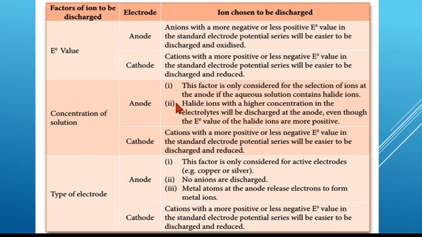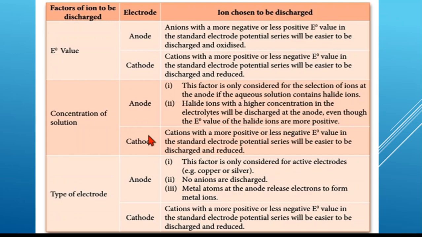Okay, yang pertama. Yang kedua, halide ions with a higher concentration in the electrolytes will be discharged at the anode. Okay, even though the inert value of the halide ion are more positive, tetap kita pilih yang lebih tinggi concentration dia. Okay, kita akan pergi kepada example later.